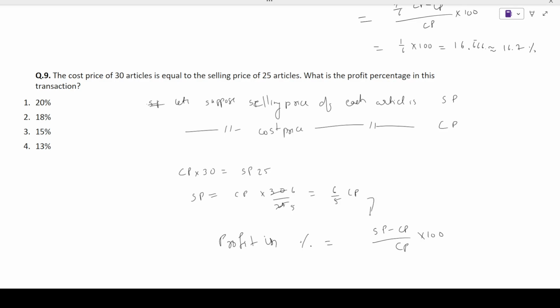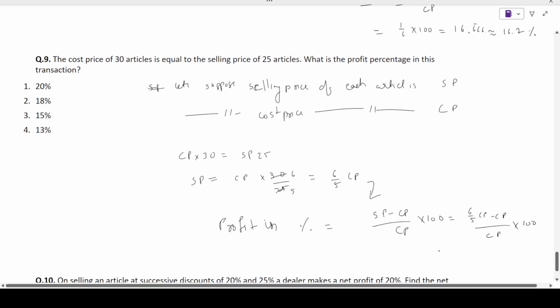From here we get selling price is equal to 6 by 5 times of CP. 6 by 5 times of CP minus CP upon CP into 100. 6 by 5 minus 5 by 5, we have 1 by 5 times 100, CP will get cancelled out, equal to 20%. From the question, the correct answer would be option A, 20%.